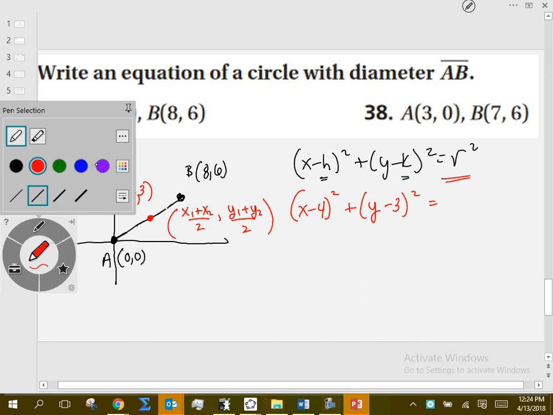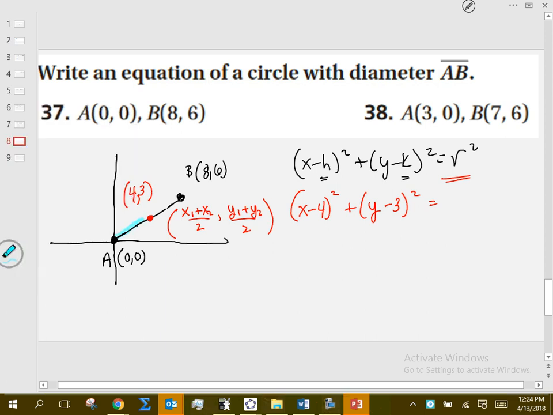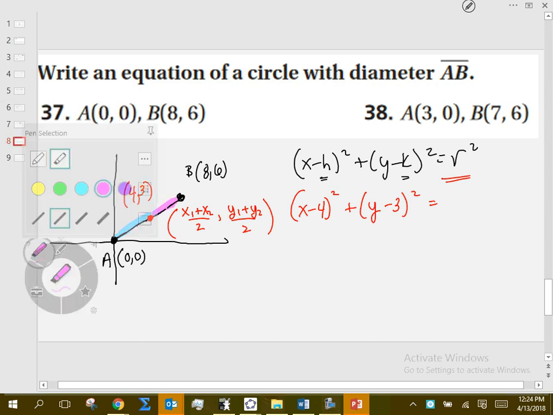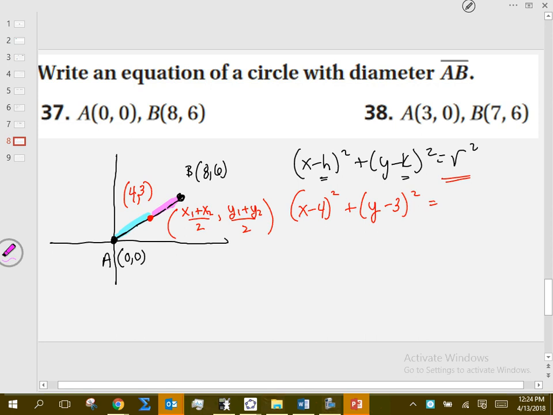But whenever they give me 2 points, you have the ability to find distance, don't you? Can I find either one of those blue or purple distances to find my radius? Now, which one do you think would be most logical to find?